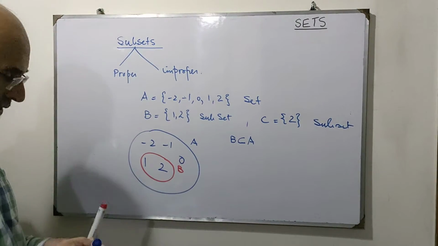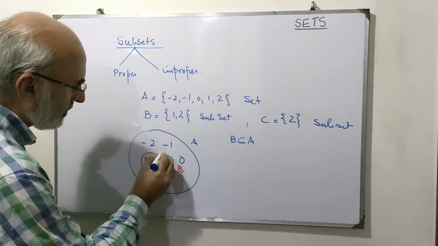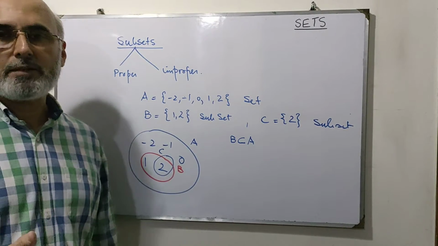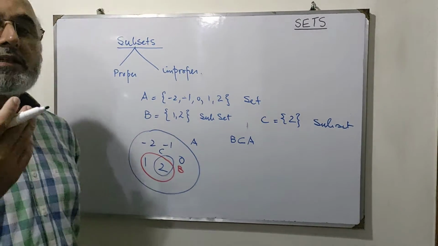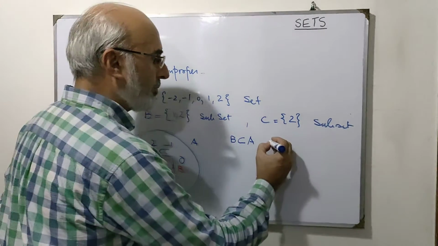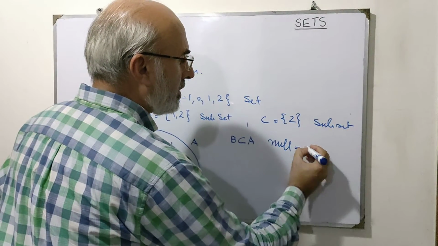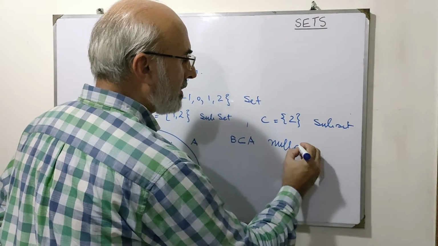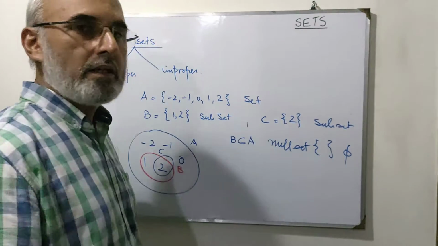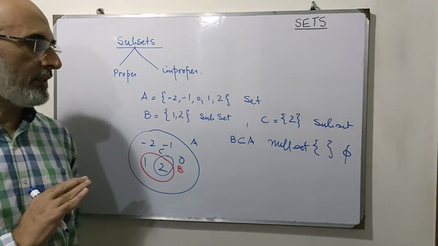So this is our C. There is another proper subset of any set, which is a null set. So the null set is written as empty braces or phi. It is a proper subset of any set.